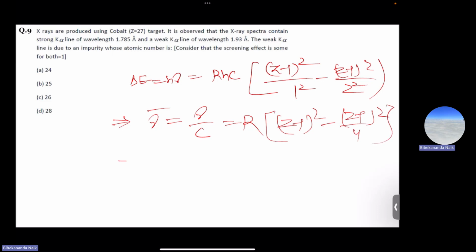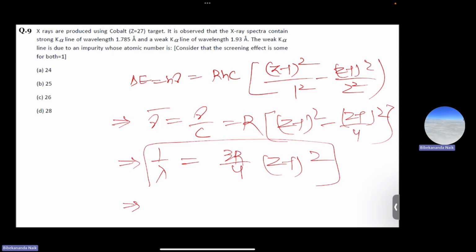If you calculate, then 1 by lambda will be 3R by 4 (Z minus 1) square. So this is the general formula.